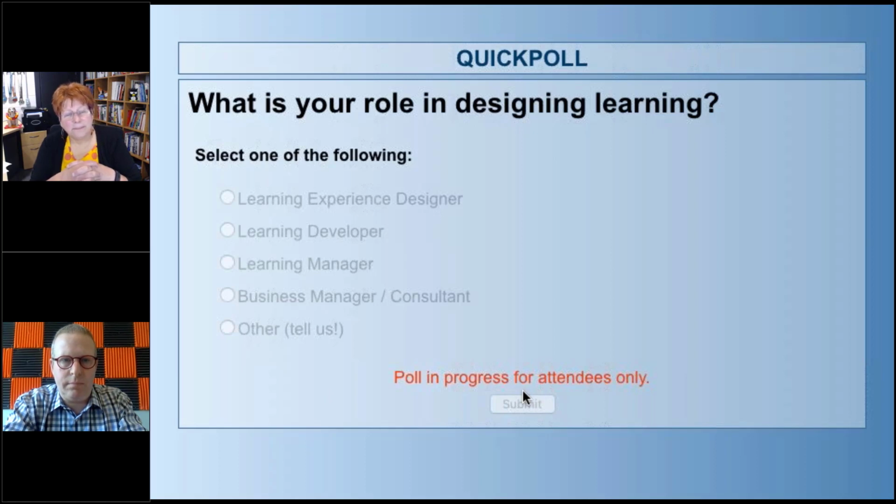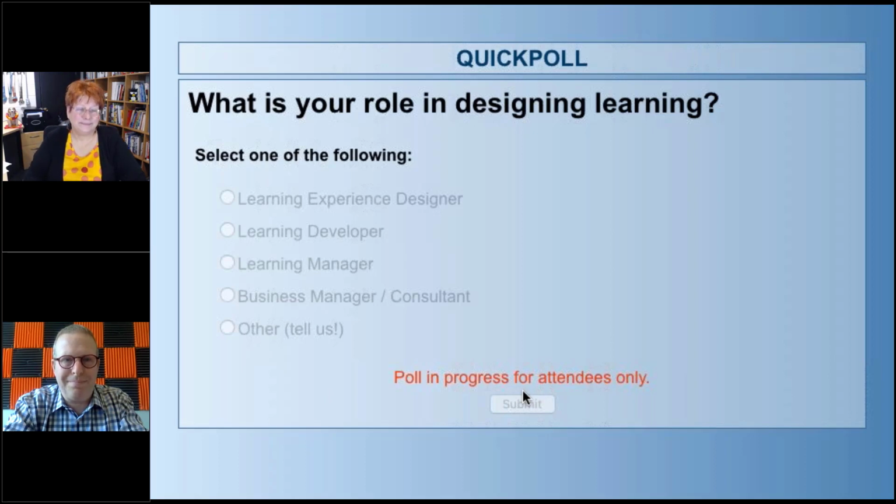I'll give you guys a couple more seconds here to participate. Looks like we definitely have two of these in abundance in our audience, and then a couple of the others. As you guys are typing the others, I'll let you know what some of those are. We've got a live trainer wanting to transition to design. We have an L&D specialist, a department of one.